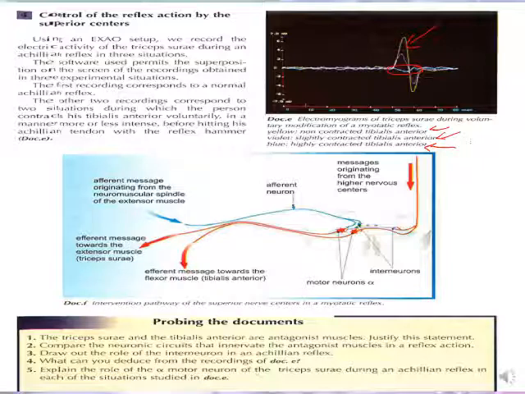So now let's move to part 5, explanation of the role of the alpha motor neuron of the triceps surae during the Achillian reflex in each of the situations studied in document E. In the case when the SNC, the superior nerve centers, doesn't interfere, tibialis anterior not contracted, the alpha motor fibers of the extensor muscles receive only an excitatory message, EPSP, excitatory postsynaptic potential, from the afferent neuron of the same muscle.